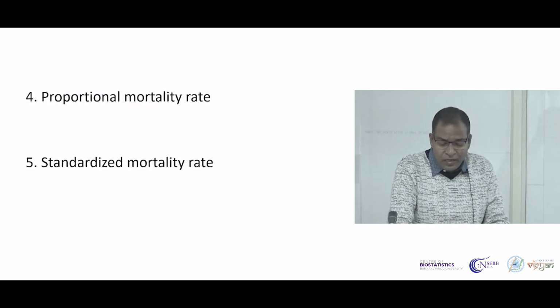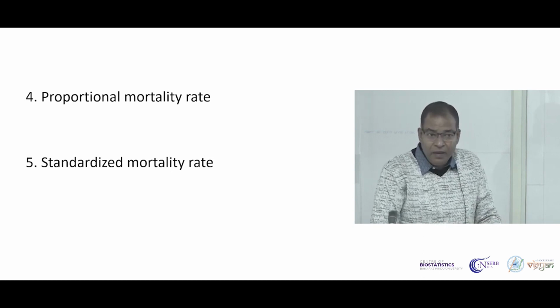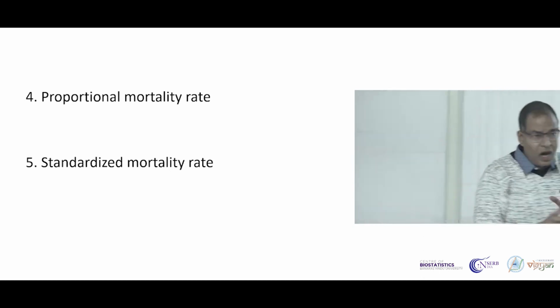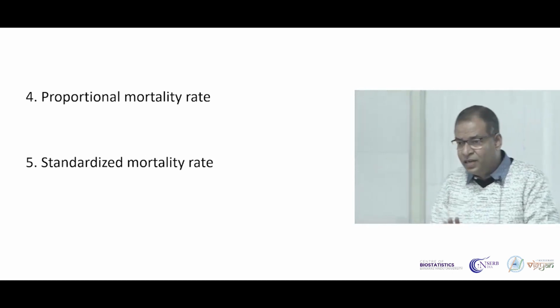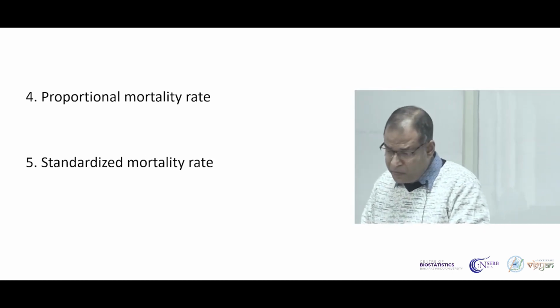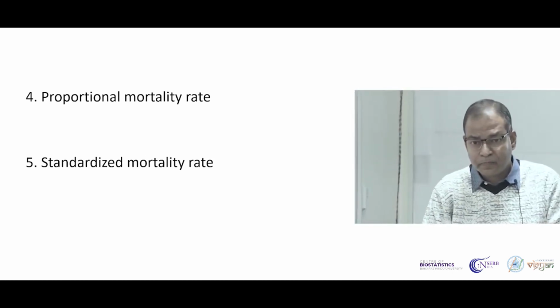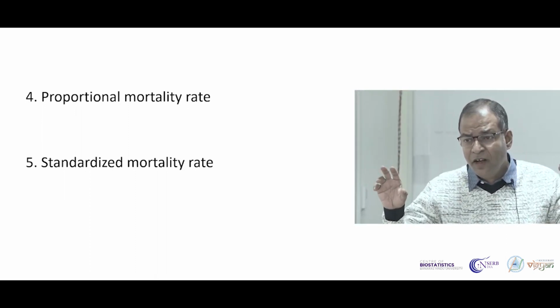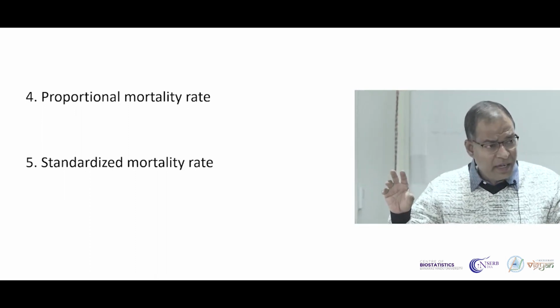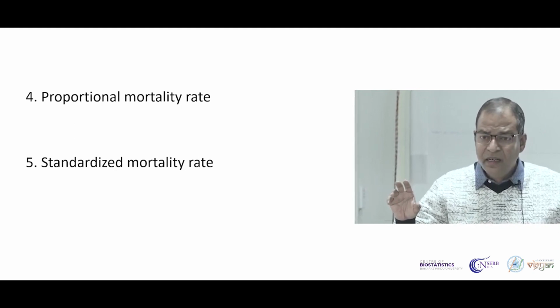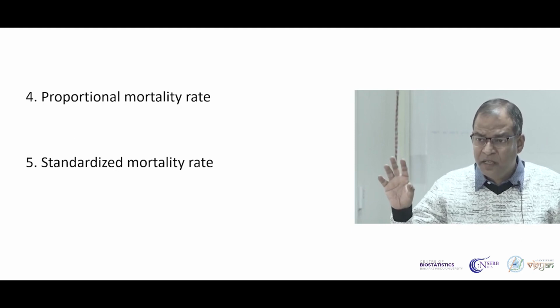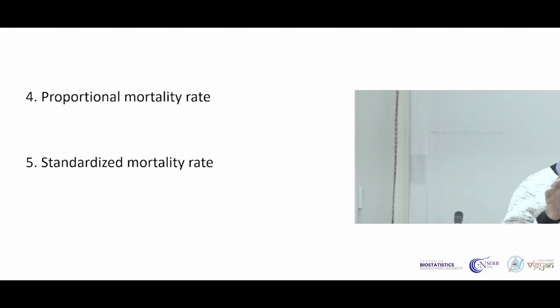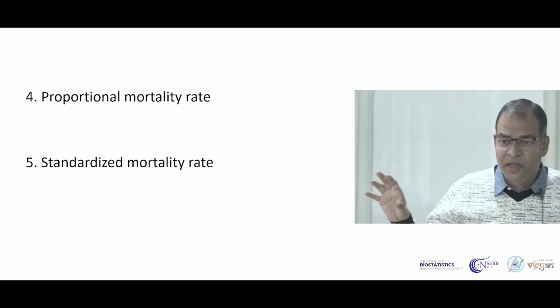Next, another two mortality rates, I am not going into details. One is the proportional mortality rate and second one is the standardized mortality rate. I am just giving you the idea of how we calculate the standardized mortality rate. Say for example, I am talking about two hospitals, Hospital A and Hospital B. In Hospital A, yesterday, on 2nd January, out of 10 pregnant mothers, 5 mothers died.